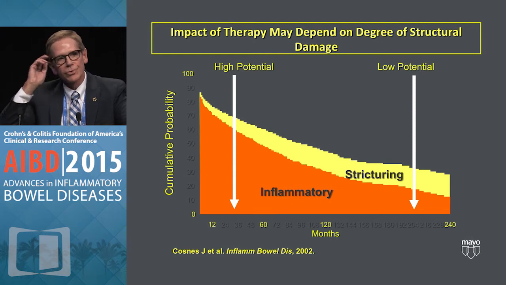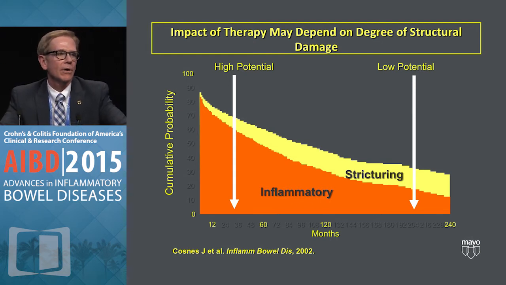It's important too to determine where in the course of the Crohn's disease the patient is. If it's early in disease, as you see here, there's a high potential for management using non-surgical approaches when the main component is inflammatory.